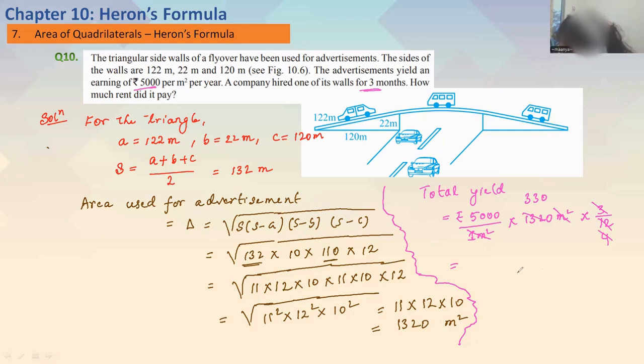What is it? 16 lakhs 50,000, right? Yes, sir. Total yield is 16 lakh 50,000.